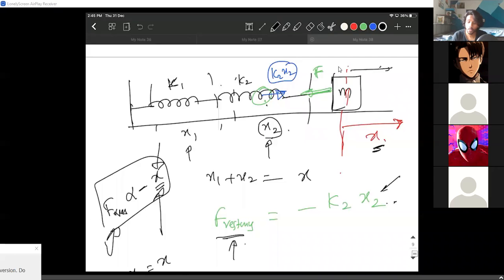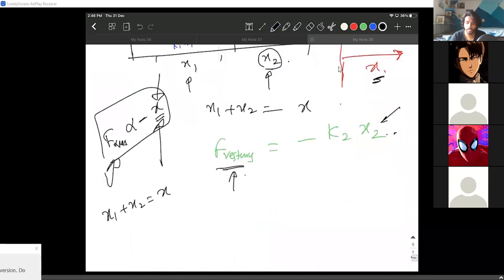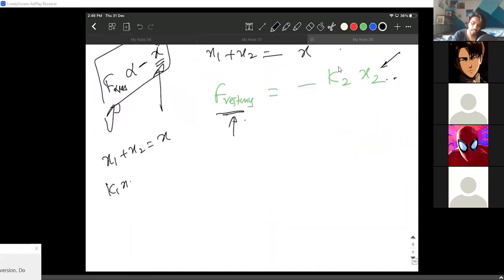And also the tension in this thing: this is k1 x1, this is k2 x2, and they are connected. So I can also write k1 x1 equals k2 x2.